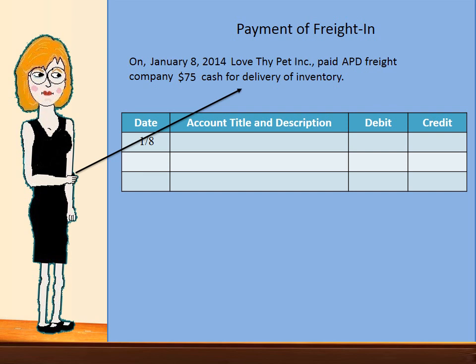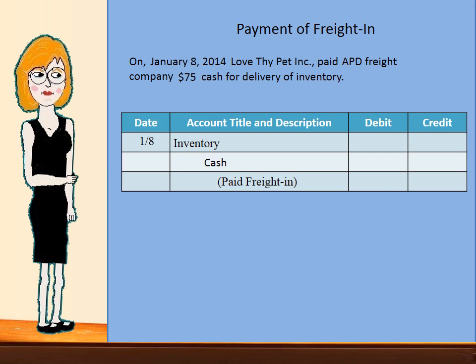It was cash for delivery of inventory, so we will debit inventory for the cost because we keep all the cost of inventory in the inventory account in the merchandising enterprise. Then we paid it, so we use the cash account as a credit to pay for the freight in. And the journal entry is paid freight in.